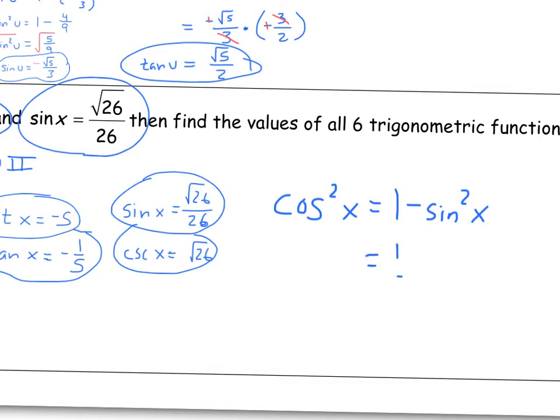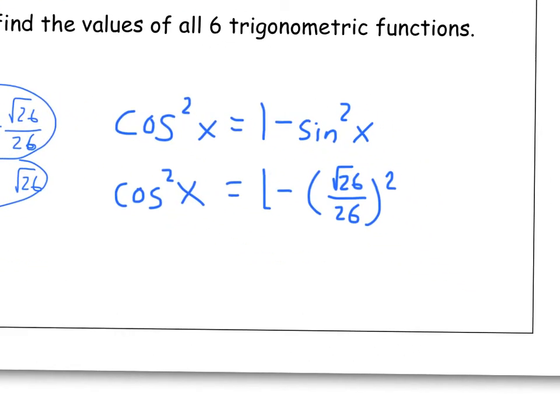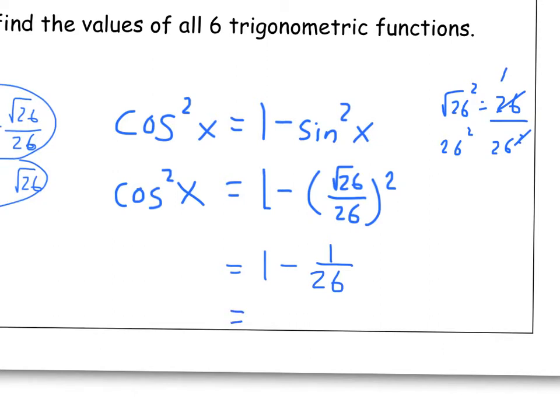So equals 1 minus radical 26/26 squared, and that's my cosine squared of x. When we simplify this, we get 1/26. To show that real quick, radical 26 squared is 26, and 26 squared is exactly 26 squared. So they drop out like that, and you're just left with a 1. Now, this all simplifies to 25 over 26.